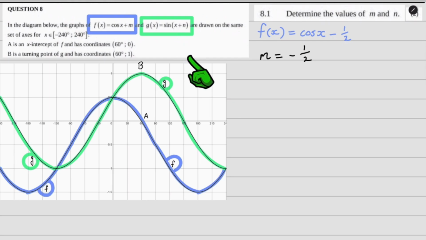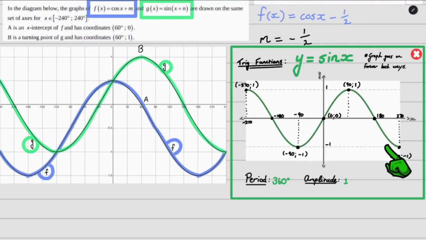Okay, so let's think of the original sine graph. The original sine graph also has a wavy shape, and this is our focal point. It should start at 0 and 0, but this one doesn't start at 0 and 0. It starts at minus 30. So this graph has been moved 30 to the left.